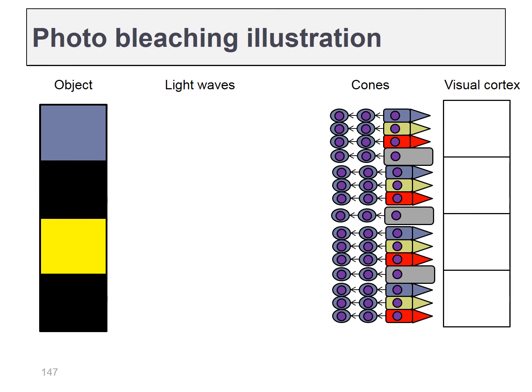I've got a diagram over here that should hopefully illustrate that a little bit better. As we stare at the object, the American flag that had blue lines and the yellow border around the stars, this is going to photobleach certain cones in certain areas of the retina, which I've illustrated simply here on the right-hand side.